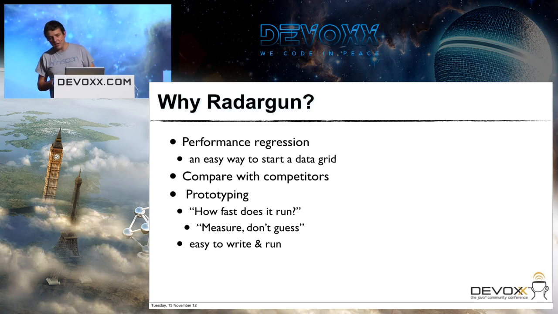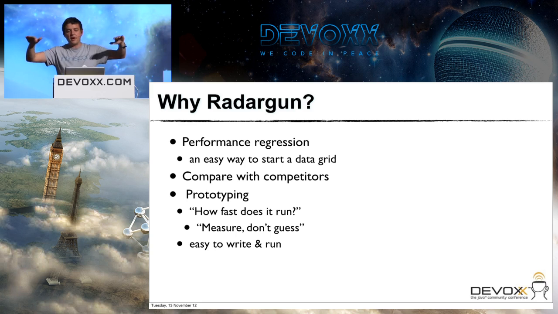performance. Another reason is the fact that benchmarking a data grid is not as trivial as benchmarking a thing that runs on a single process. And by that I mean, you have to start multiple nodes at the same time, make sure that you run the benchmark at the same time, that might be multiple processes running on multiple machines. And I'm not talking about 2-3 machines here, I'm talking about 60 machines or 100 machines, and you want a way to automate that.